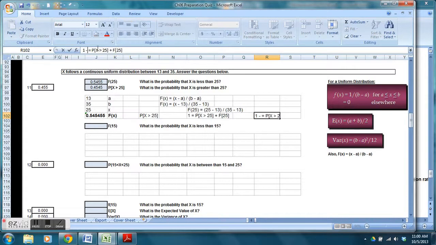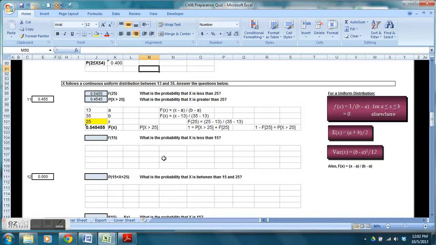There's our formula for the probability that x will be greater than 25. We just turned it in terms of big F, and that makes it easiest to solve. That's exactly what we did here, 1 minus big F of 25.